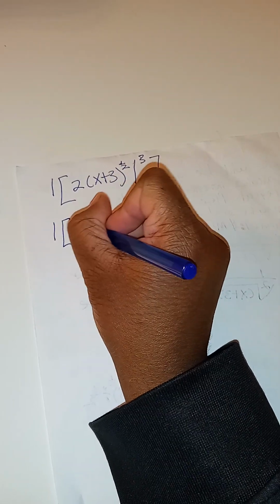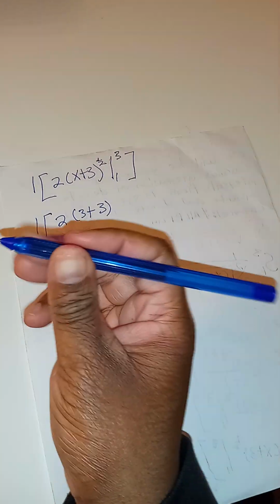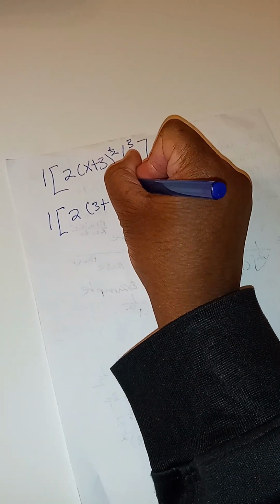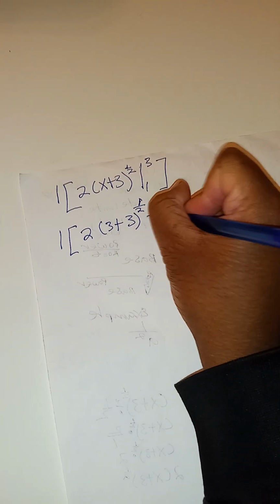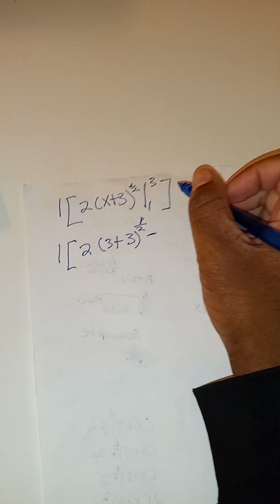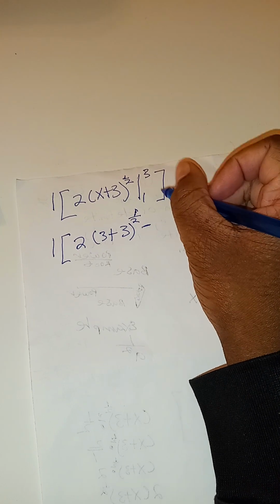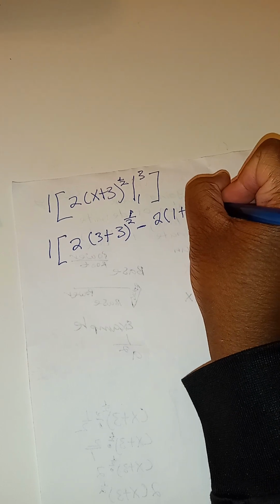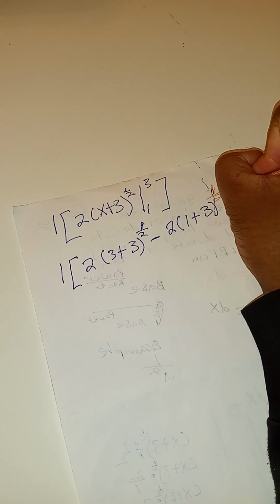It will be 1 times 2 times 3 plus 3 to the 1/2 power, minus the lower part of the integral, which is 1, and we substitute that into the equation as well. So minus 2 times 1 plus 3 to the 1/2 power.